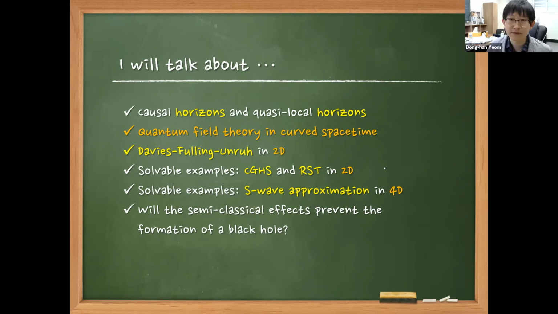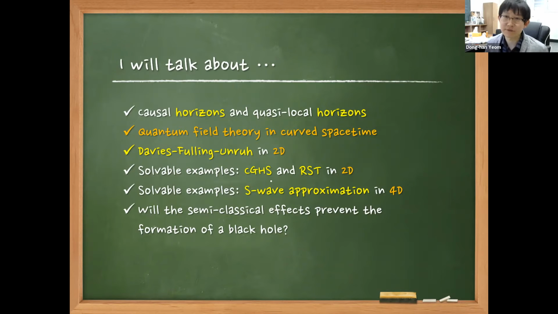However, even in two dimensions, there are lots of things that we can say. The famous examples are known as CGHS and RST. CGHS means Callan-Giddings-Harvey-Strominger, and RST means Russo-Susskind-Thorlacius. Both models are motivated by the string-inspired black holes in two dimensions.